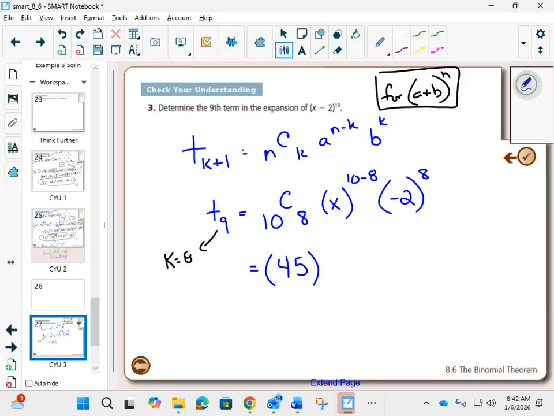And then this becomes x squared, and this becomes negative 2 to the 8, positive 256. And then we put this all together: $11,520.